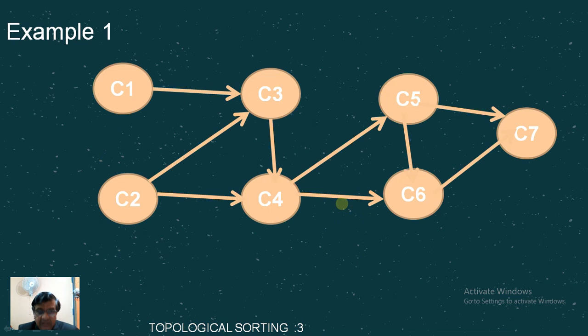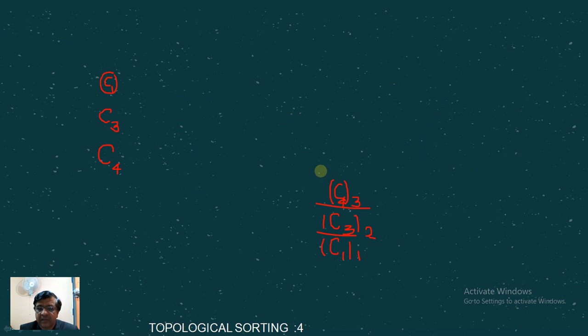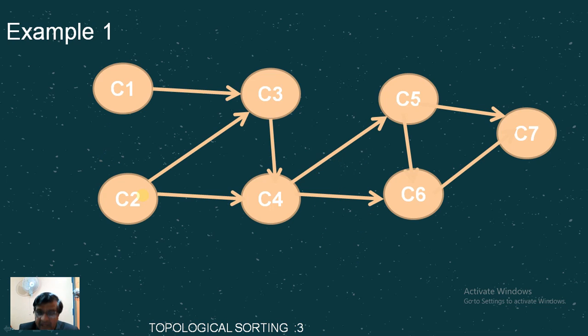Then from C4 we can move to C5. C5 is the fourth candidate to occupy the stack. I am generating the DFS tree over there.